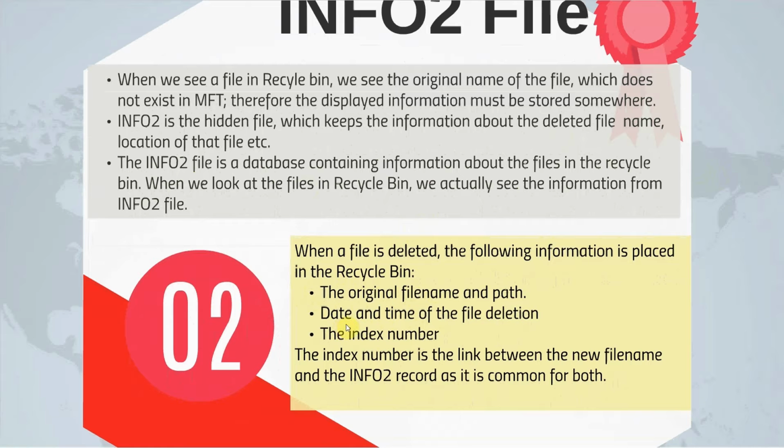It will also keep the record of the date and time when the file was deleted. On top, it will also keep an index number. So the first file I have deleted will have index number 1, second file 2, third file 3, something like that. This index number will be linked with the new entry we were talking about in MFT.